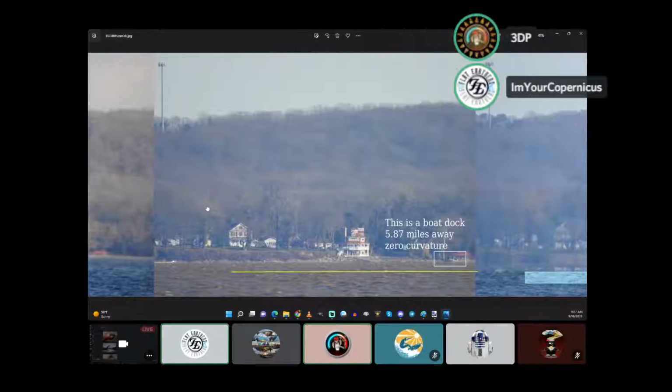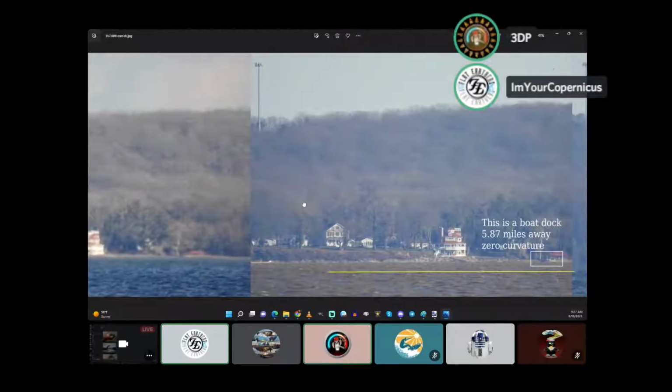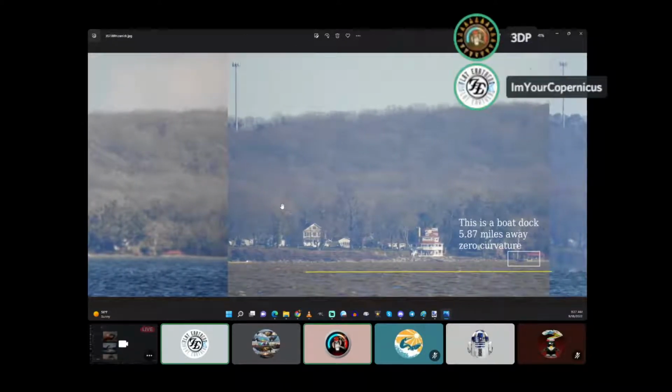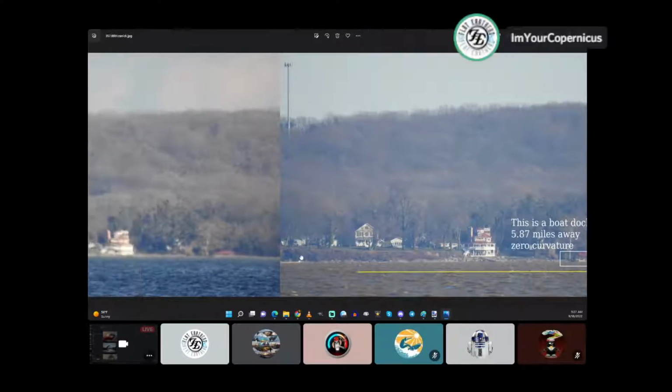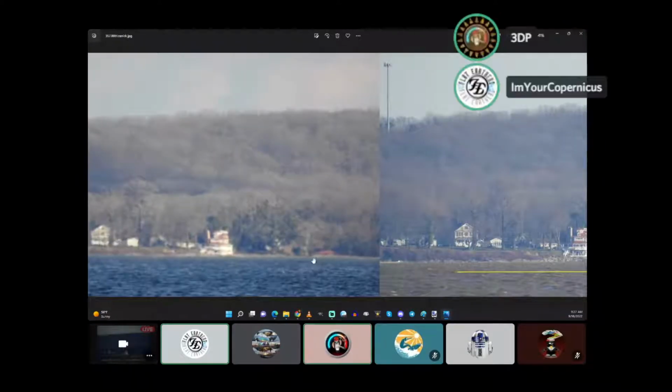So again, if you want to interrupt me at all, feel free. Here's the same photo that I just showed you. Here's the boat dock. Here is the pavilion, but I can't make out the boat dock.